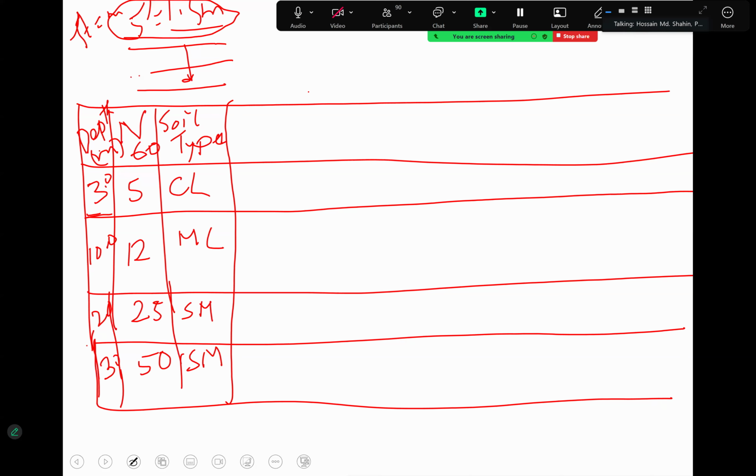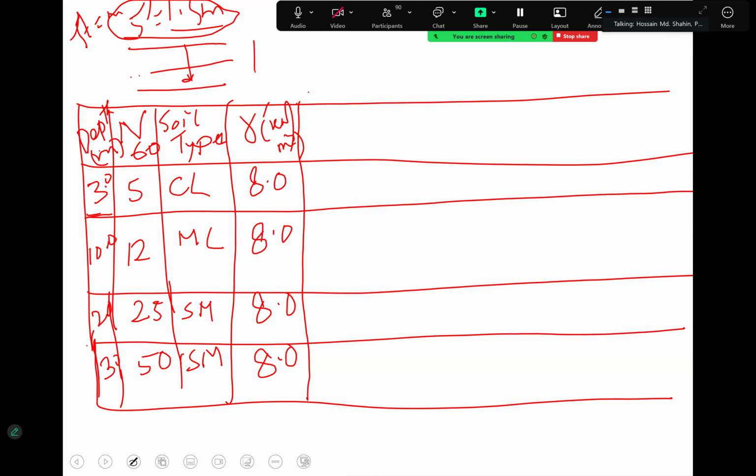Now next, not calculate, use it, gamma dash in kilonewton per meter cube. Okay, use 8.0 everybody, because it is not given in your report. Use it because we know, say if it is 17.81, gamma saturated, because we are considering water table at the top.